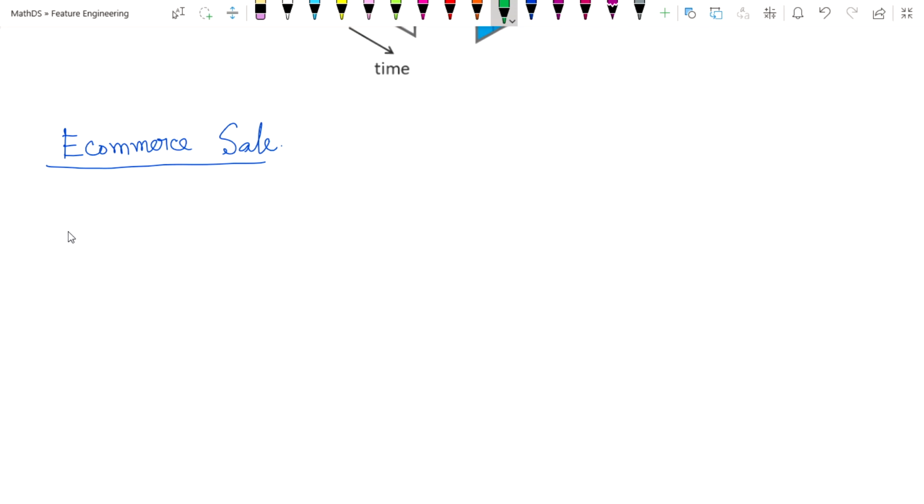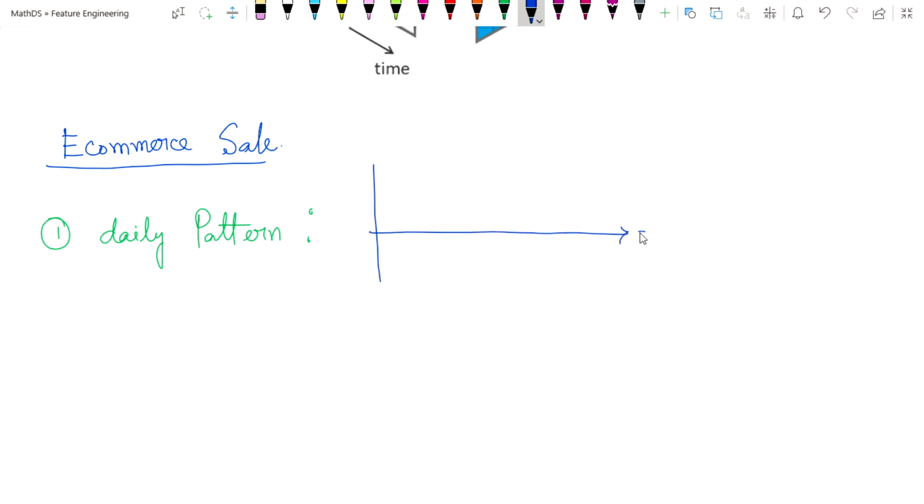Suppose I first take the daily pattern. What will be the daily pattern? Suppose this is the time axis, and this is the frequency of e-commerce sales.